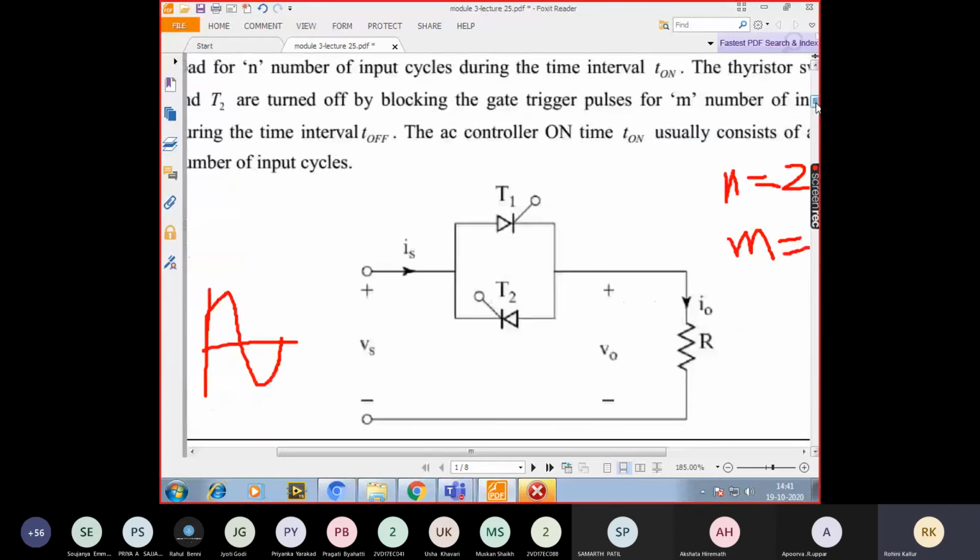Both the circuits look similar, right? What is the difference? Your diode is not used, ma'am. The diode is used.